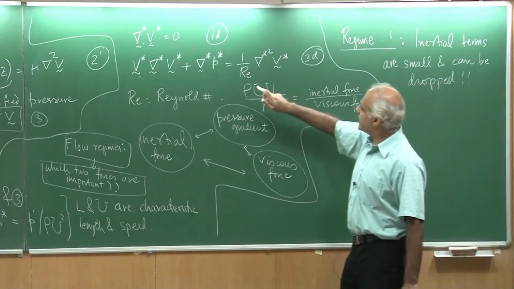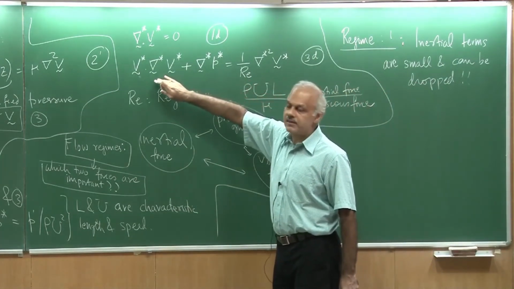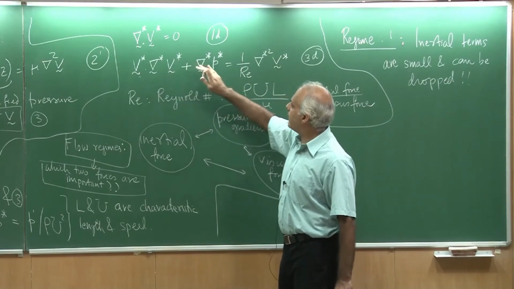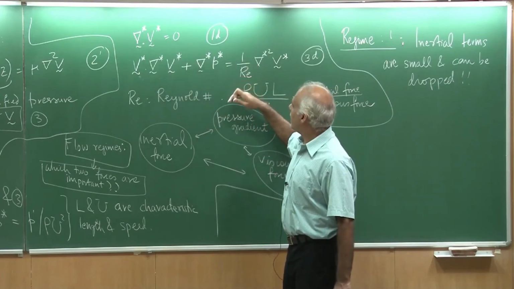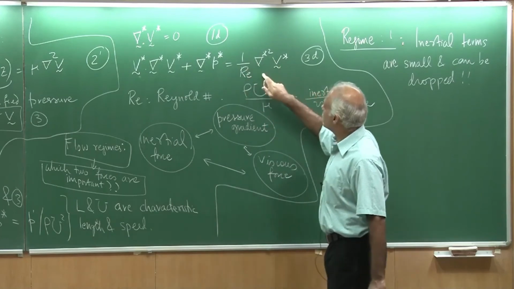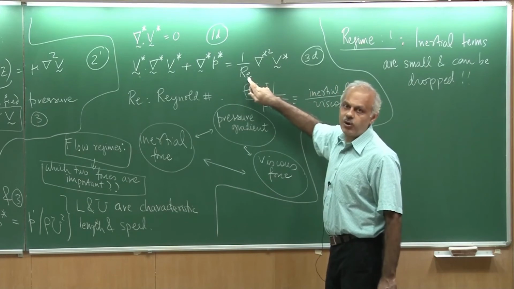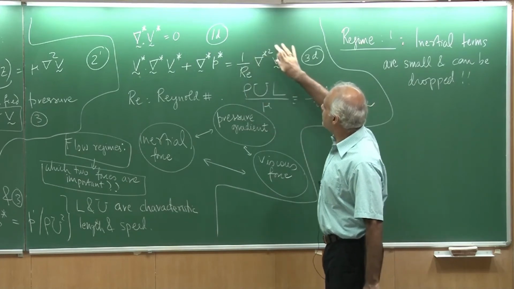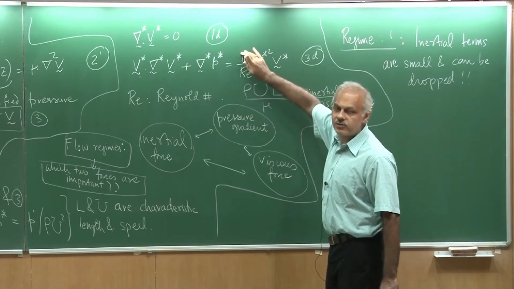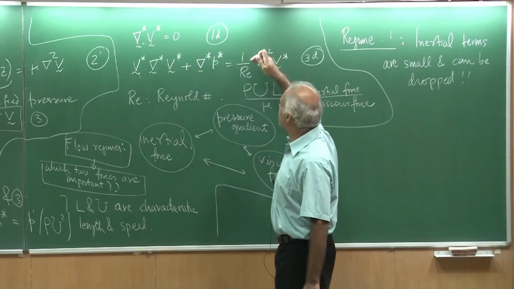You can see that for the inertial term to be dropped, okay, I must have at least two terms remaining because we already argued. So, this term would become important if my Reynolds number is extremely small. So, as Reynolds number goes to 0, this term becomes large. So, I will have to retain that, and you know this is inertial, this is viscous.